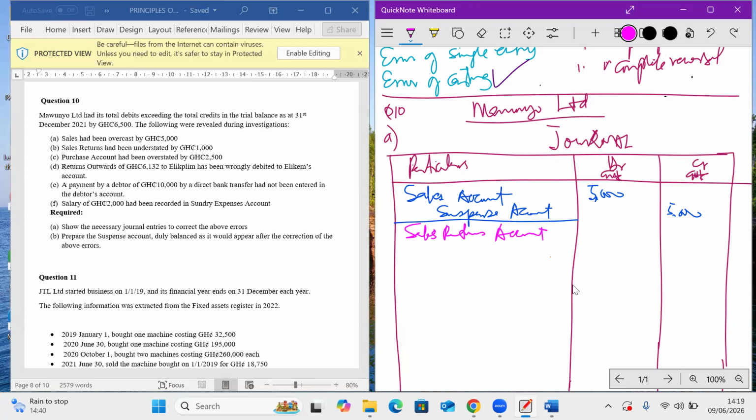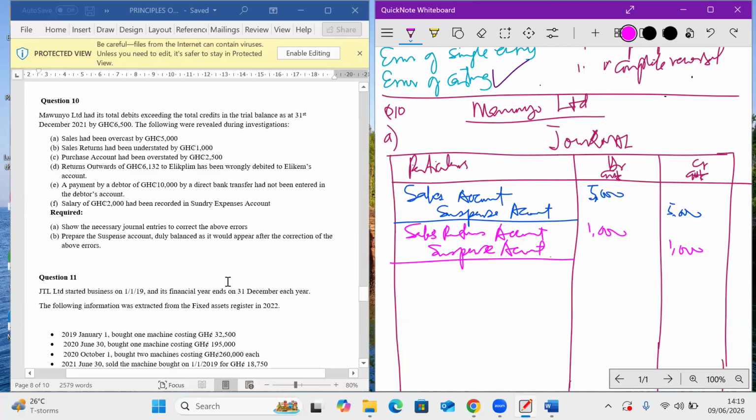How much? 1,000. Then suspense. How much? 1,000. Then I'll underline. Let it slant. Is it difficult? No. Lazy students. Okay, let's continue.